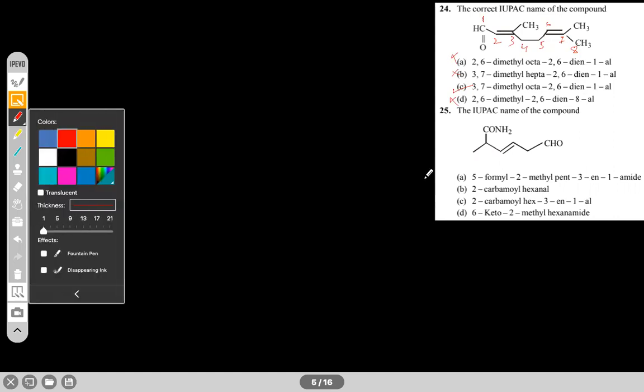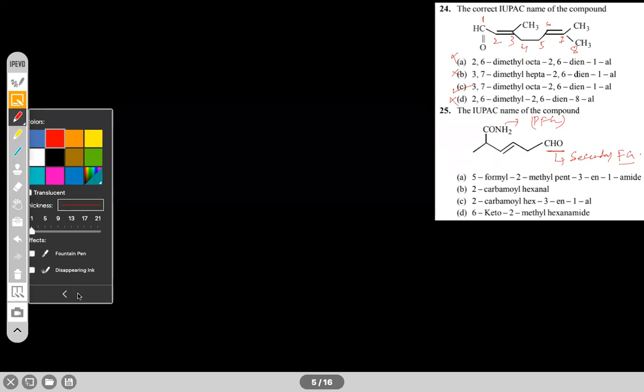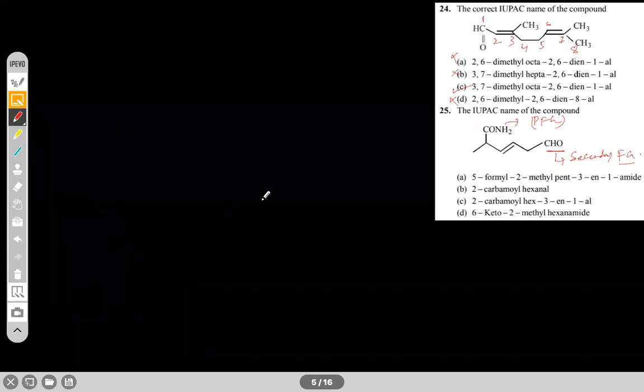Correct. So here, what happens? This becomes the secondary functional group, lesser priority. This becomes the primary functional group, PFG, higher priority. Okay, so we always start numbering from the carbon atom of this functional group, right? So numbering will start from this carbon. So that would be 1, 2, 3, 4, 5.